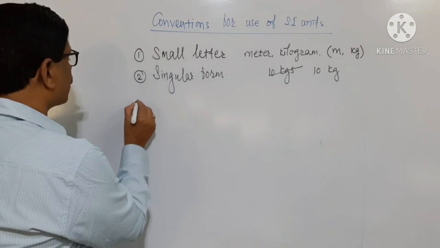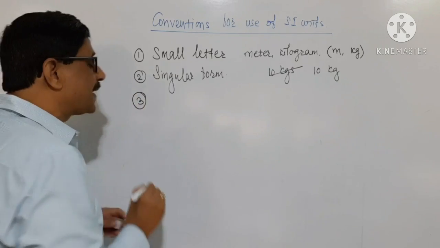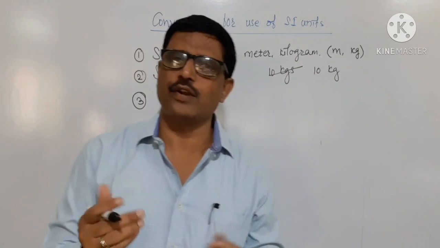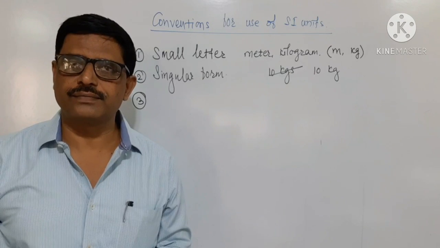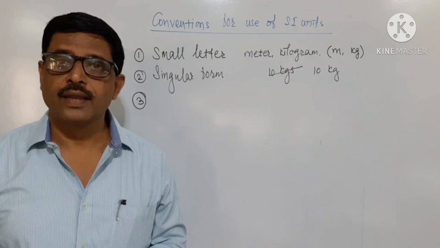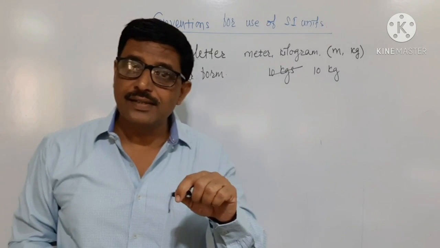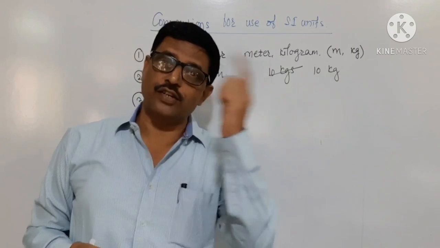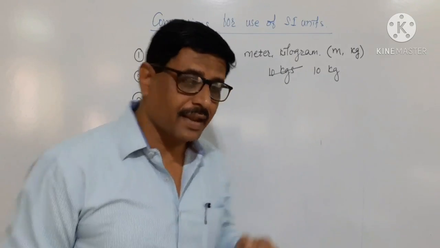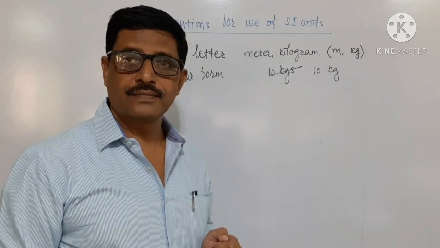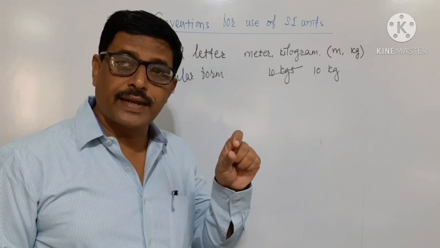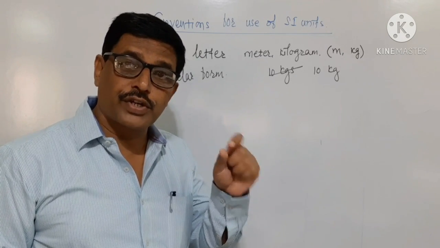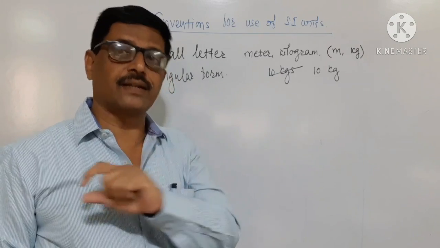There are some physical quantities whose unit has a special name, though it is derived. In that case, the full unit should be written in small letters and the symbol of that unit should be written with a capital letter.